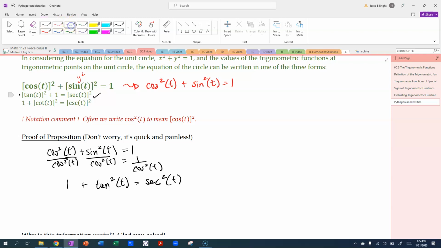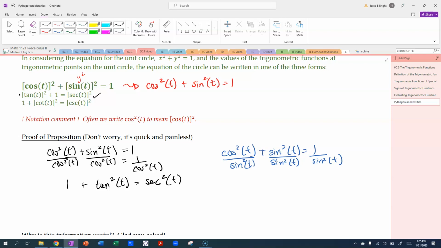And the third identity we get by taking our original cosine squared of t plus sine squared of t equals 1, and dividing everything, instead of by cosine, by sine squared of t. Again, what I do to one thing, I have to do to all things in an equation.